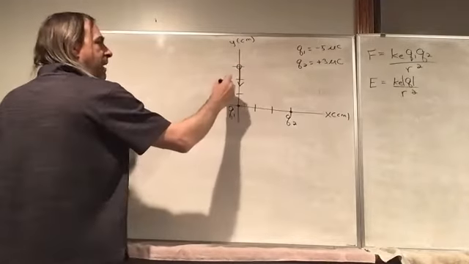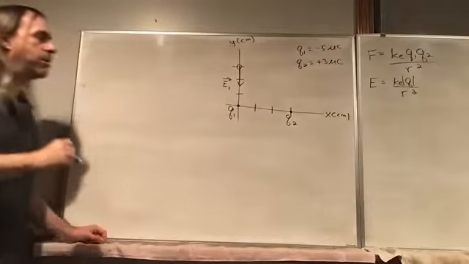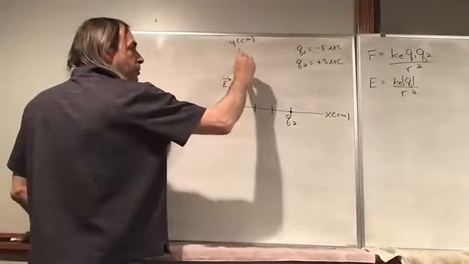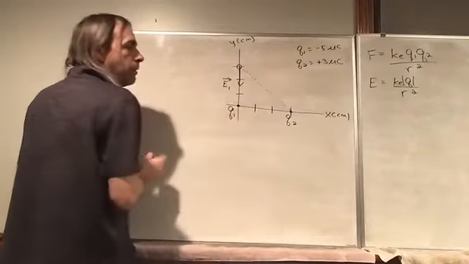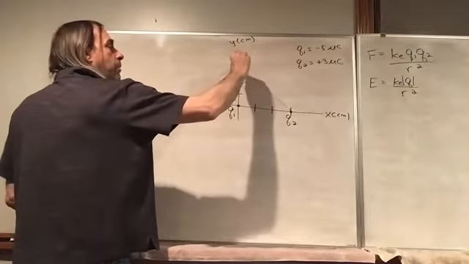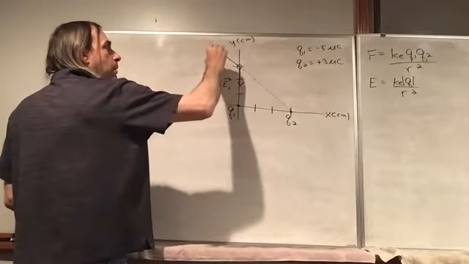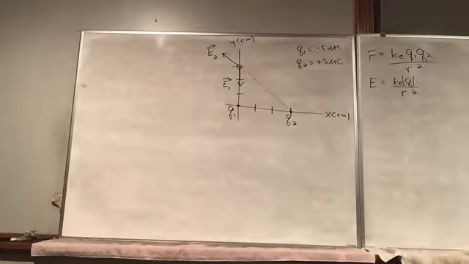So we're going to have E1 and it's going to be in that direction because Q1 is negative. So you move towards negative charges. And then Q2 is a positive charge, so we would move away from Q2.